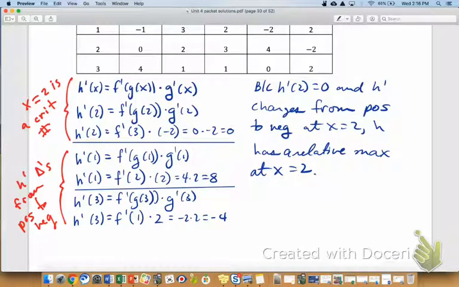Just because h prime of 2 is 0, what could happen between x equals 1 and x equals 2? A lot of stuff, right? There could be zillions of ups and downs in between. We don't know exactly what that would look like, but if you know that there's one horizontal tangent, then everything to the left will have the same characteristic, and everything to the right will have the same characteristic, therefore not this going on. Anyway, there's that.